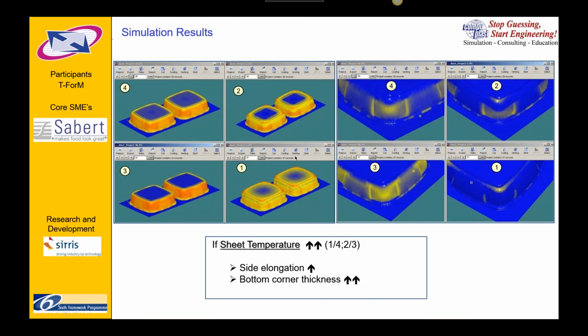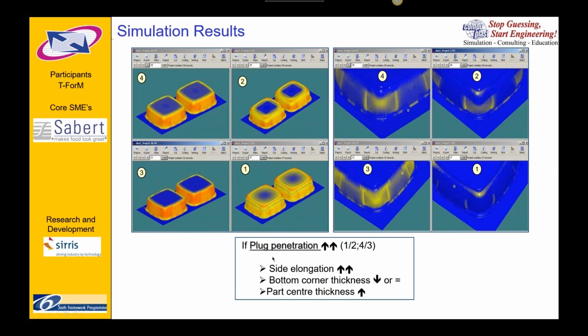First of all, here we have the simulation results with sheet temperature. When the sheet temperature goes up, the side elongation goes up, and the bottom corner thickness goes up. That's what they found in these experiments. As the plug penetration depth goes up, the side elongation goes up, the bottom corner thickness goes down, and the part center thickness goes up. So they needed to optimize that position.